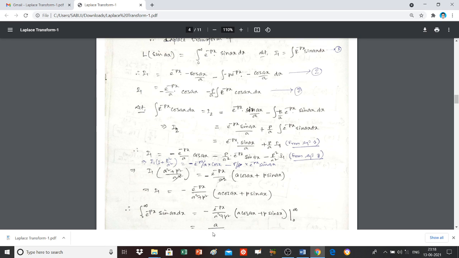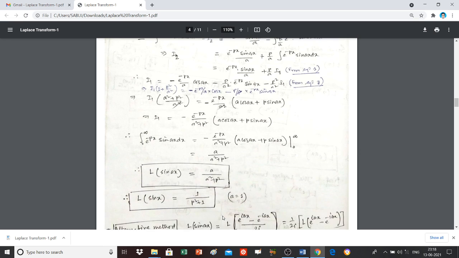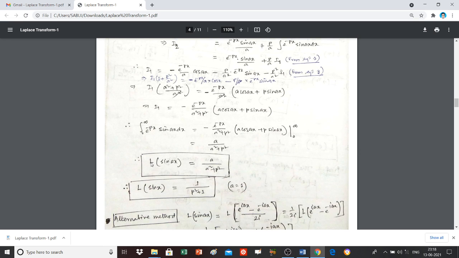So the integral from 0 to infinity of e to the minus px sin ax dx is a by a square plus p square. Therefore the Laplace transform of sin ax is equal to a by a square plus p square.